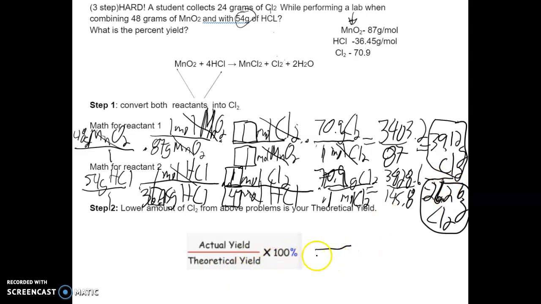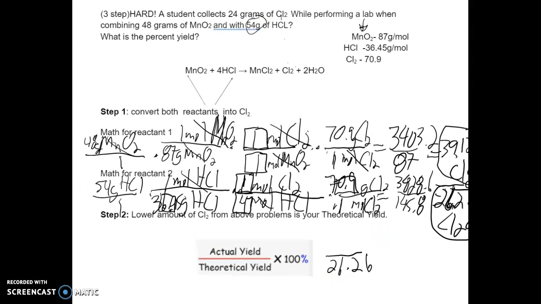26.26. I'm just going to follow this formula now. 26.26, and the question tells me that the student made 24.